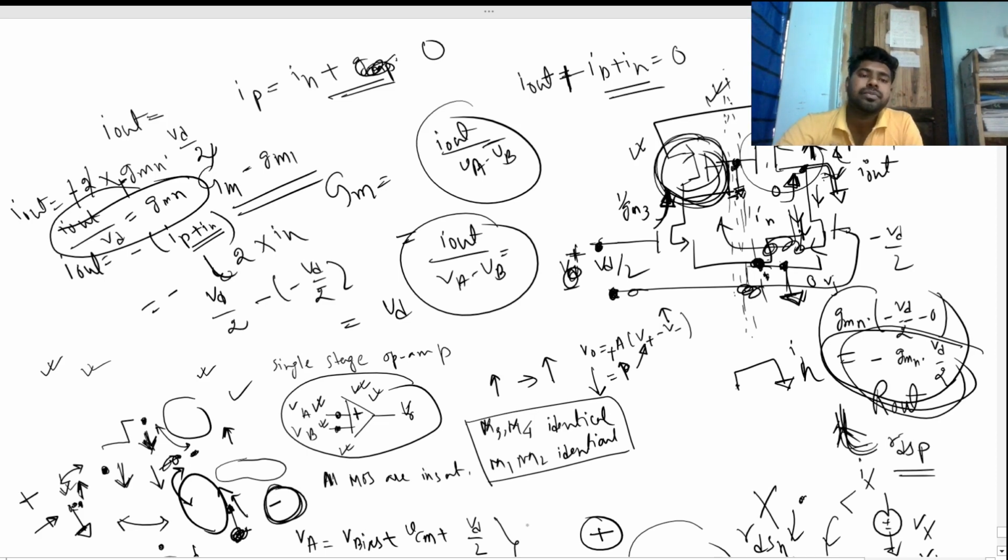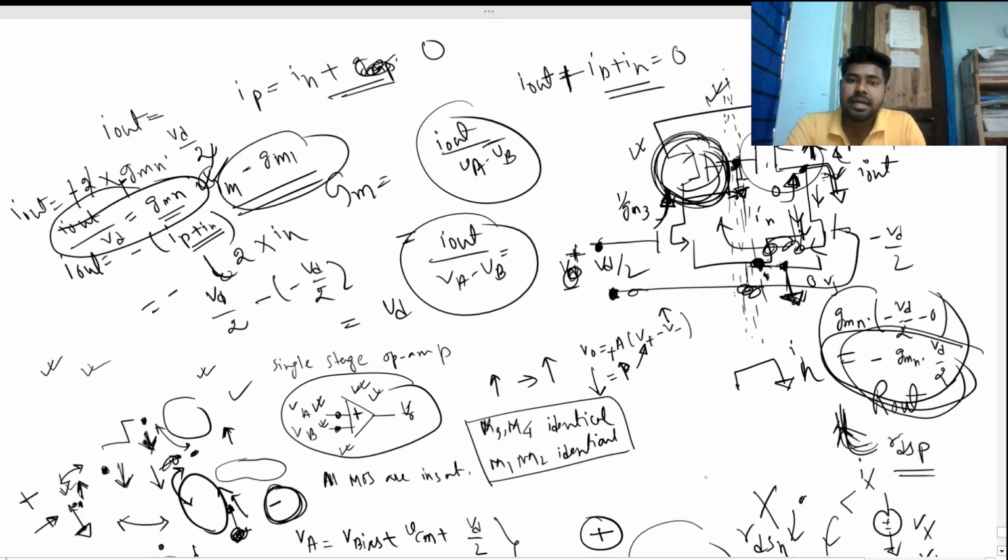So the point of symmetry will be AC ground in terms of voltage, which makes our analysis easy and also makes sense. If we do the current mirroring effect and the normal circuit analysis, the small signal I out over VD will be our GMN, or nothing but GM1.